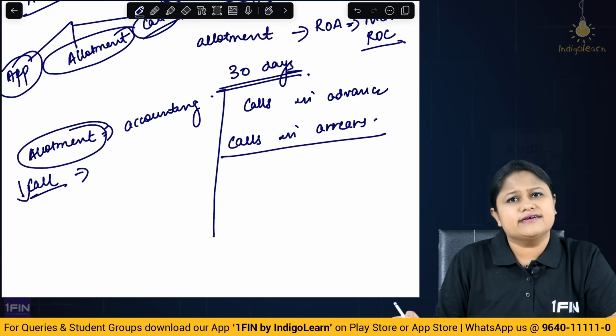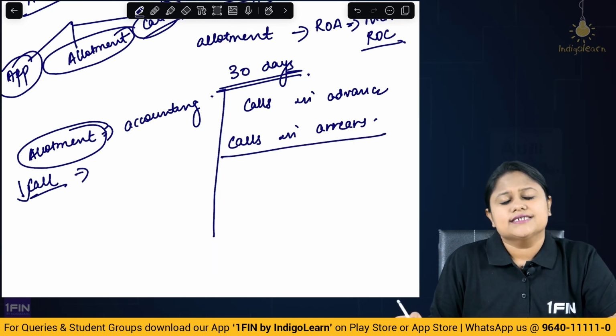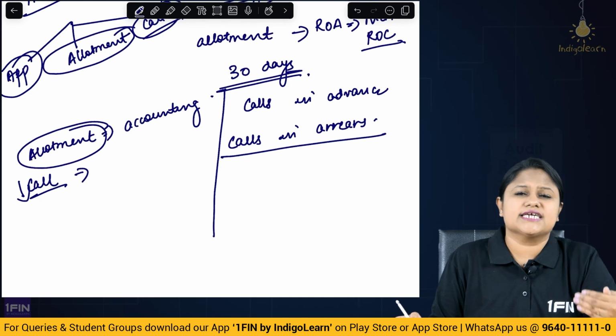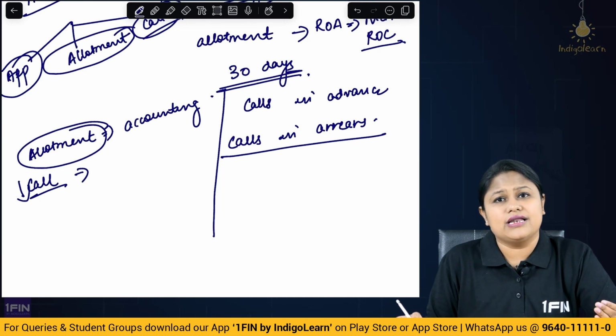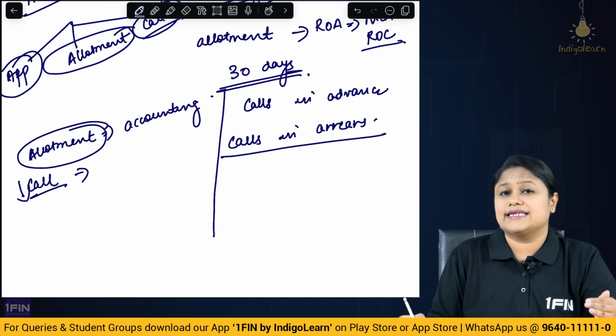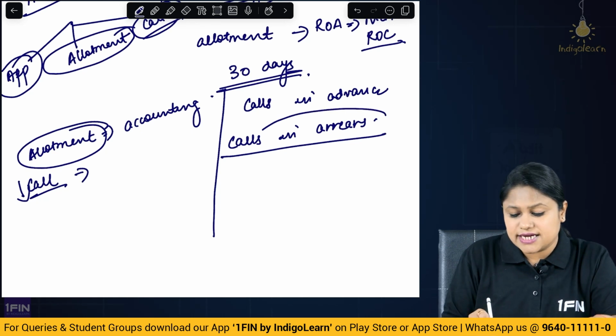Similarly, you have calls in arrears. Suppose you have made a call, and when you make the call, every shareholder does not pay for it. There are some shareholders, maybe 1 or 2 or 10 shareholders, who have not paid the call as and when it was due. That means their amount is still outstanding, they are still in arrears. That is called calls in arrears.